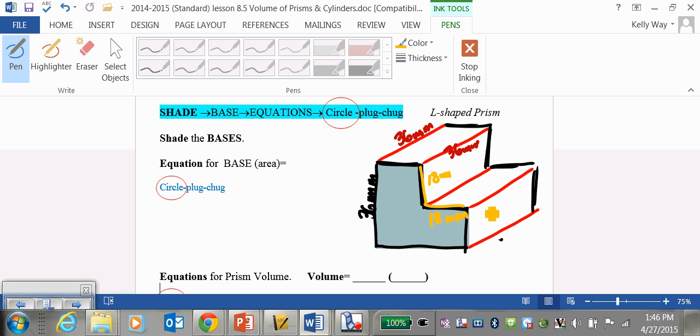Identify where are the bases here. Very important.